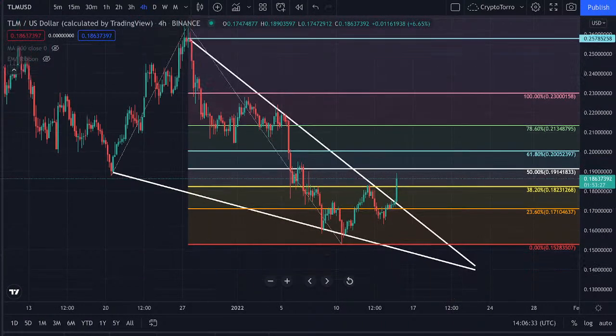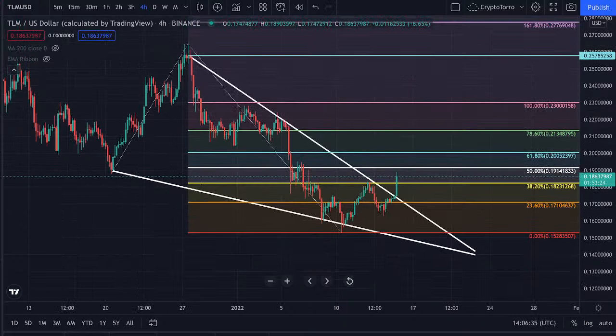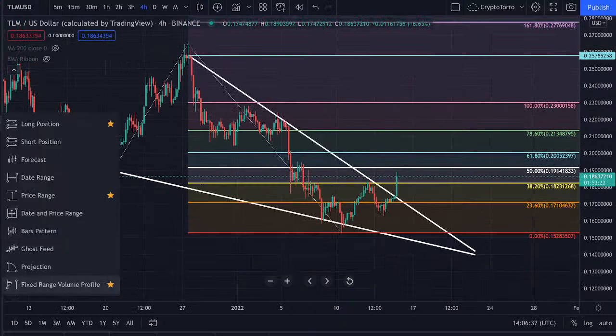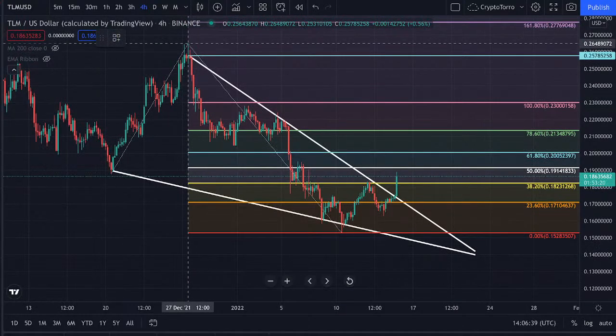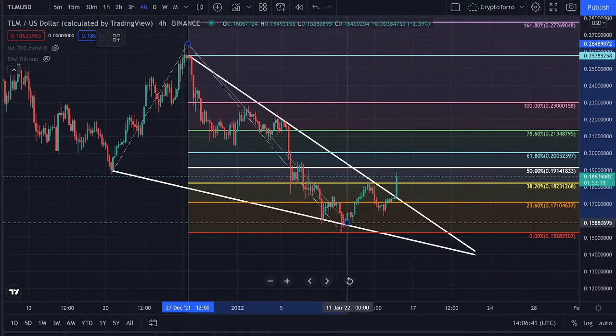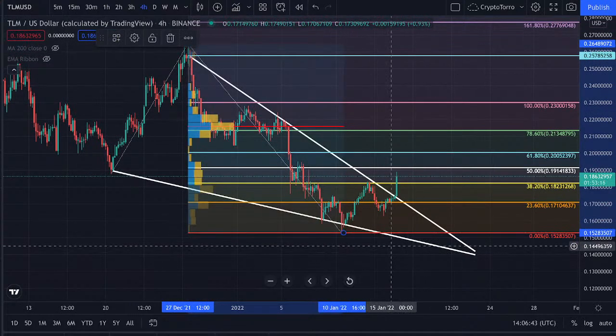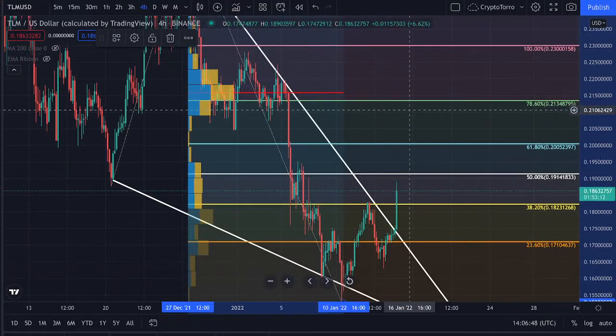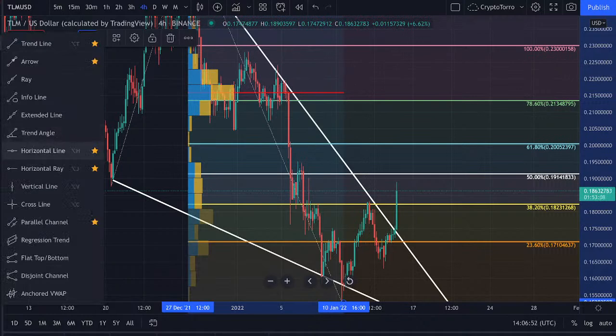To look at where the most amount of volume has been traded, I will be placing a fixed range volume profile from swing high towards swing low. And what you're seeing is that at 78.6, or at approximately this range, we are actually experiencing the most amount of resistance.